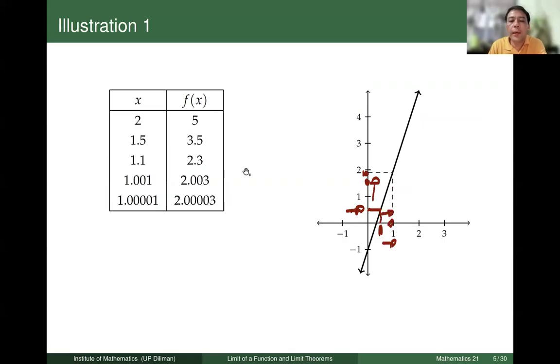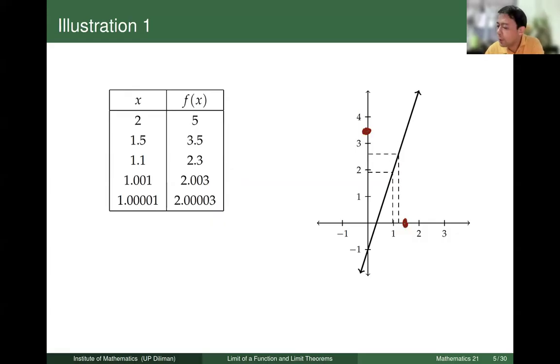Now, on the other hand, if you take values of x greater than 1, this is what happens. When x is greater than 1, your y is here.